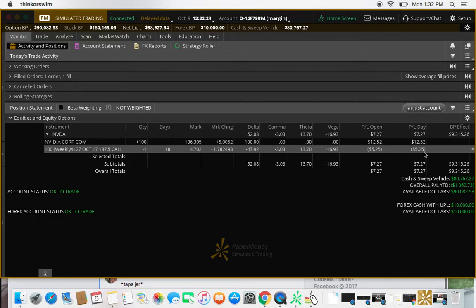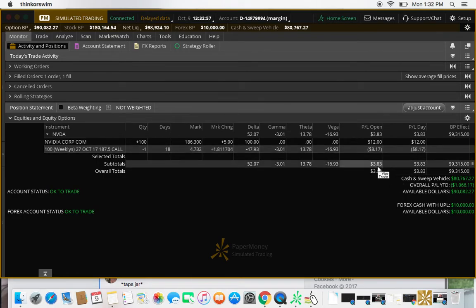So your stock line is 100 shares, and you're making $10. Now it's 7. It's changing, let's just call it 10. And then on the option, you're losing $4 right now. So you're losing $4 on the option, and making $10 on the stock. The total profit or loss for the entire position is a profit, because you're making more on the stock than you're losing on the option.